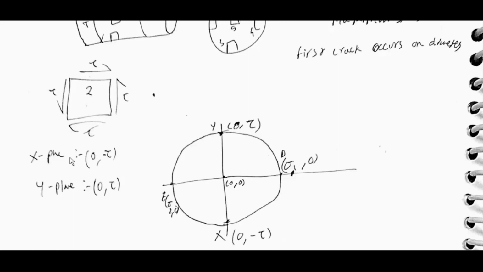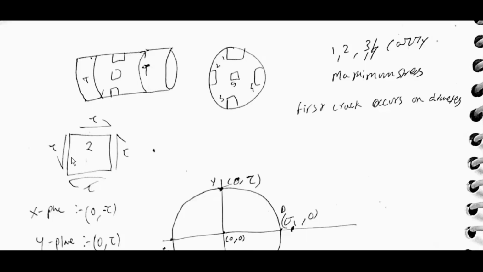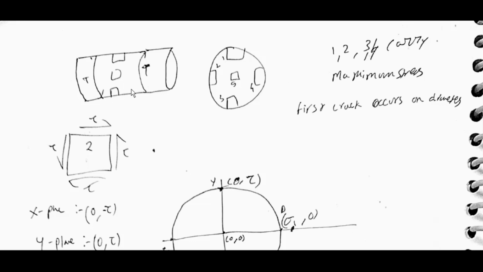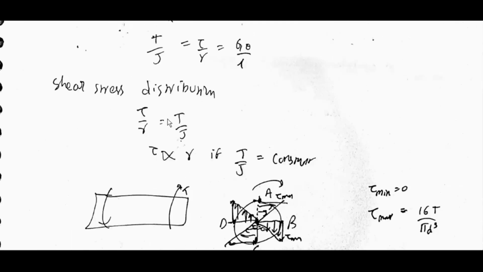Stress state: x plane (0, tau), y plane (0, minus tau). Just imagine an x plane cut along the x axis; it will have shear stress tau like this.